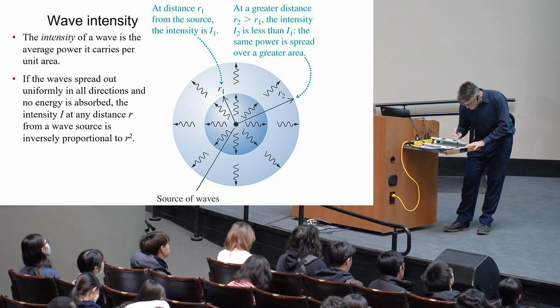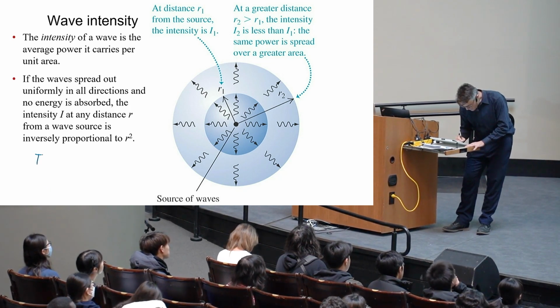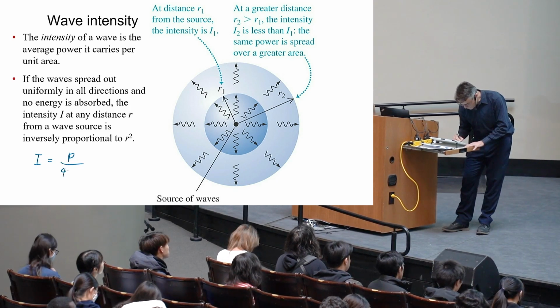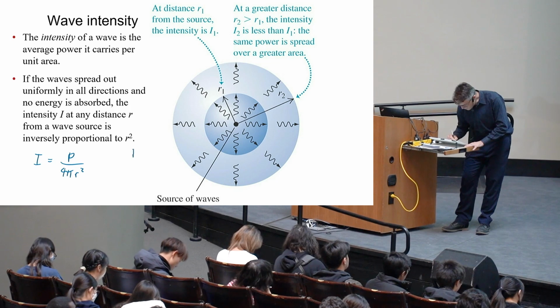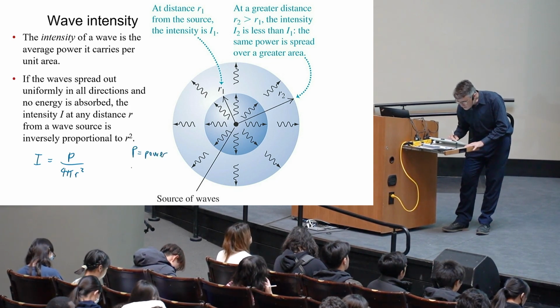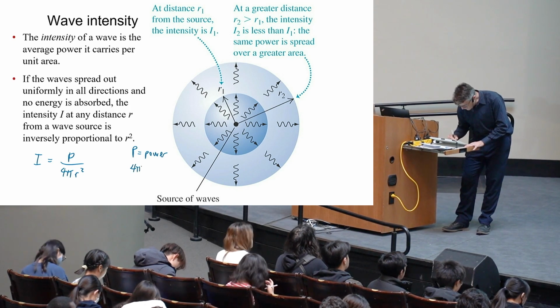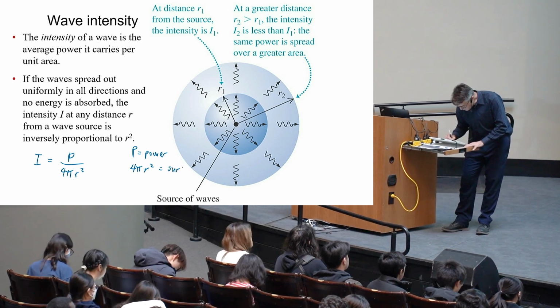And the reason is that the intensity, I, is equal to the power divided by the area, 4 pi r squared, where P is the power in the entire wave, and 4 pi r squared is the surface area of a sphere.